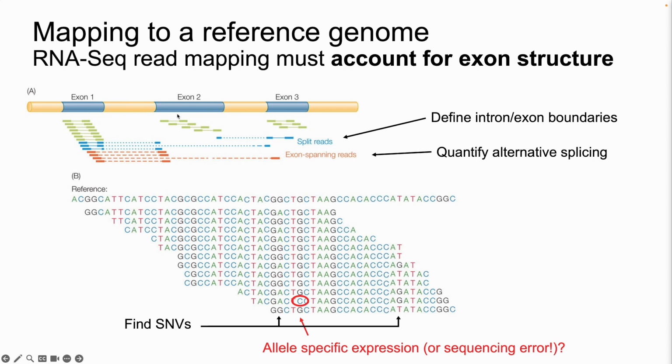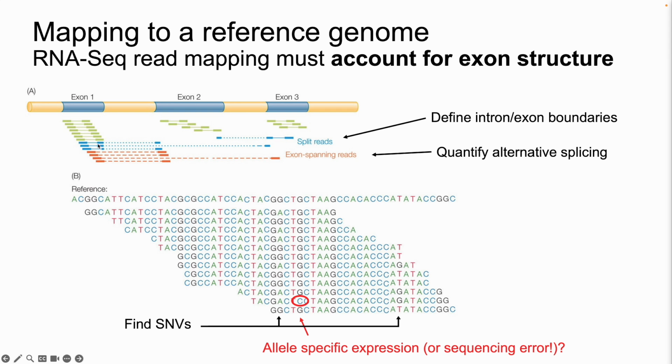So if exon 1 and exon 2 are together in the transcript, the reads are going to map differently than an isoform where exon 1 and exon 3 are next to each other. And so your mapper, your aligner, has to be able to deal with things like the split read problem.